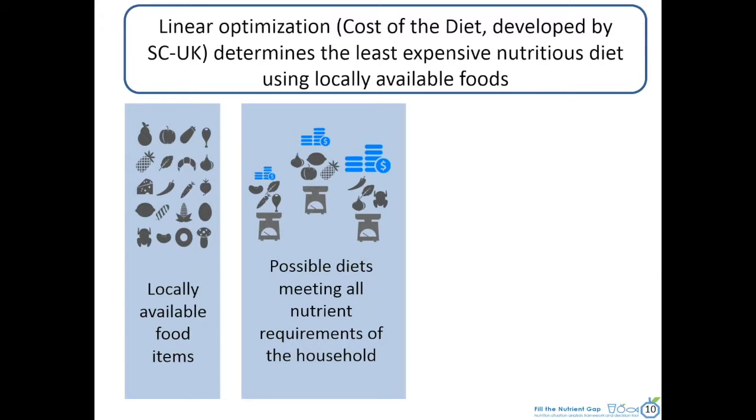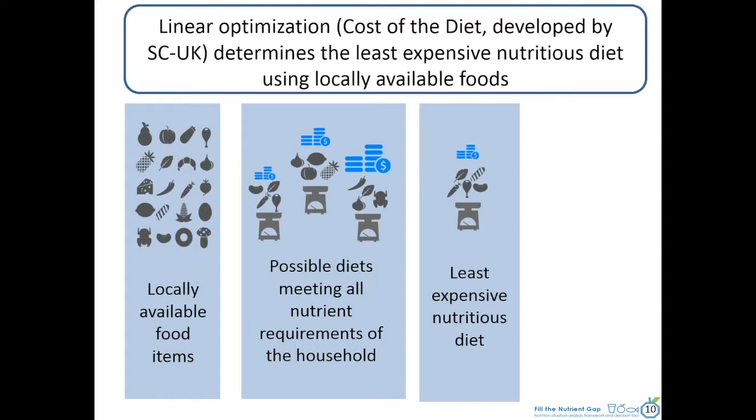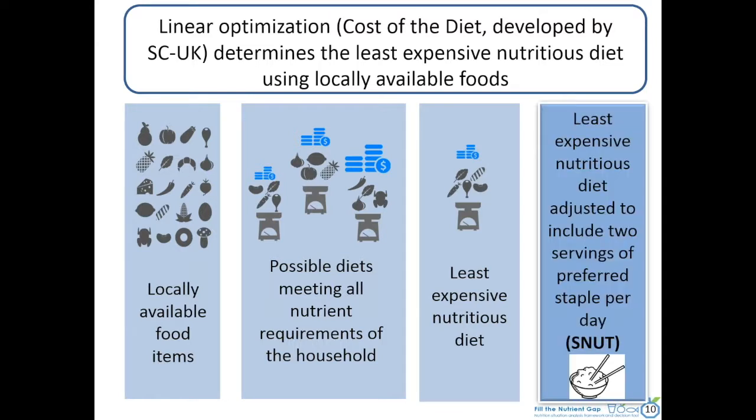Among all these possible diets that are meeting all nutrient requirements for this household, we identify which one would be the cheapest possible combination of these locally available foods. And then we try to adjust that also for staple preferences, to look at what would be something more representative of a slightly more typical diet.